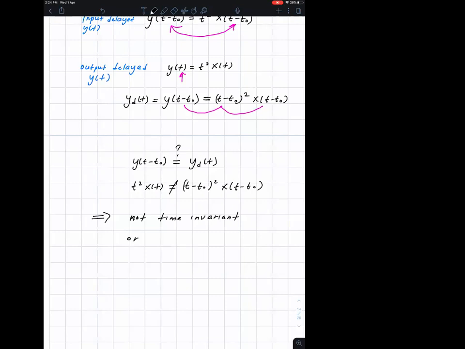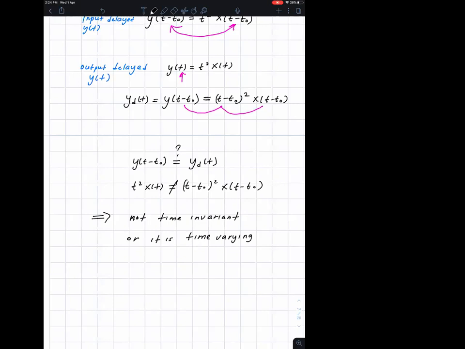Or you can say it is time varying, not time invariant. So this is how you test for time invariance.